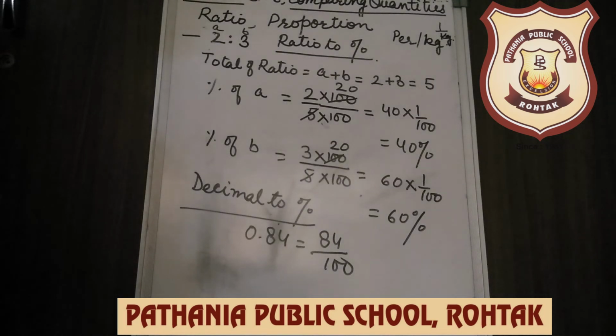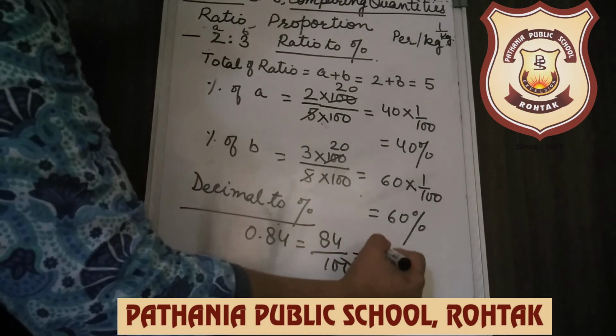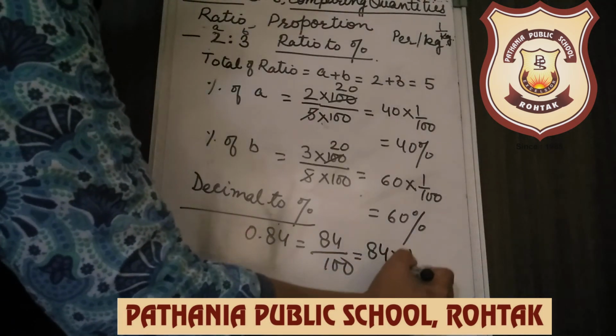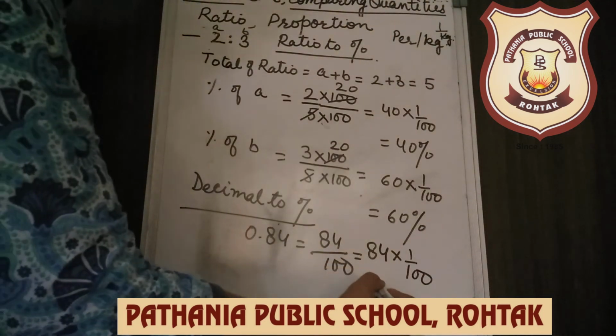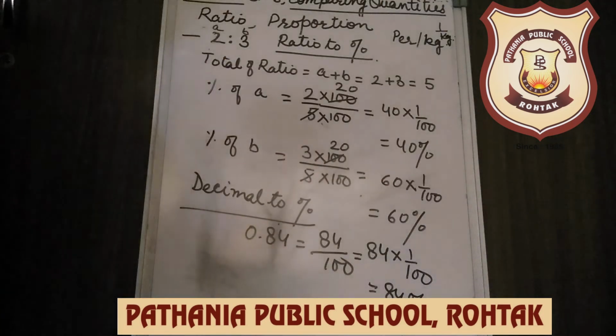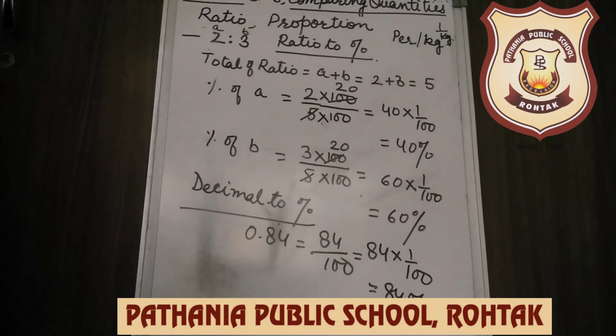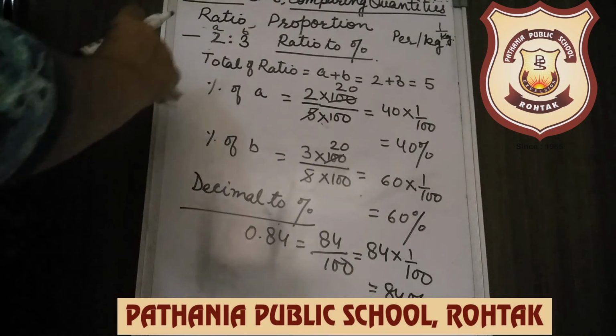Now here, in the denominator, if the thing is not clear, you can write this as 84 upon 100, and this is automatically your 84%. Clear? Understood? So in this manner you can write them.